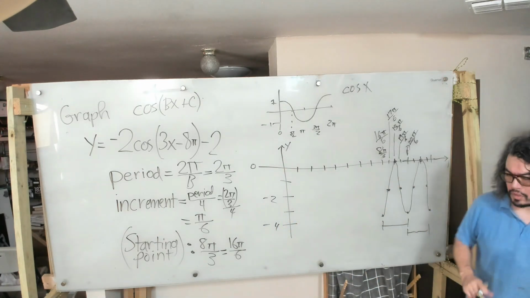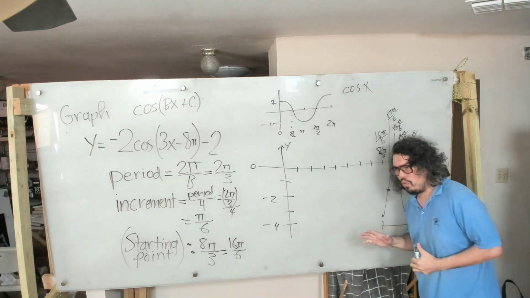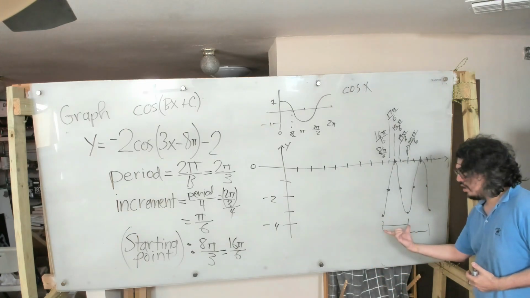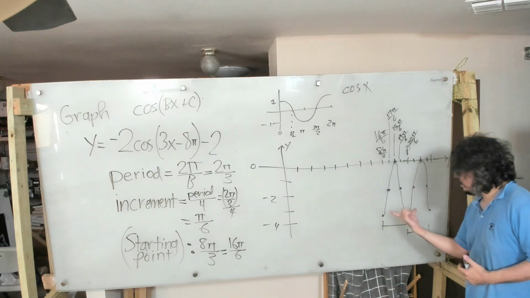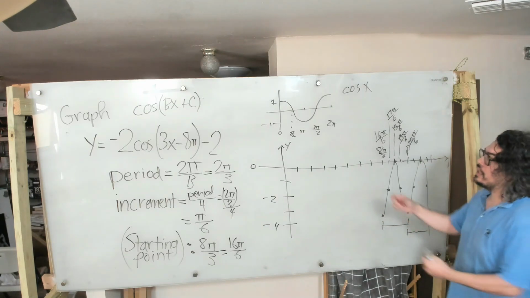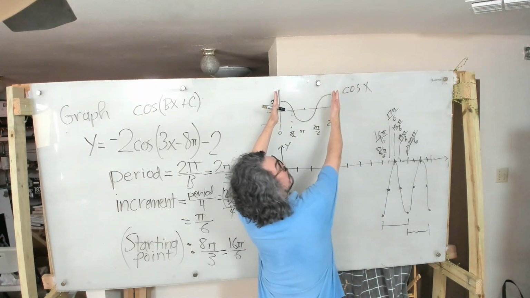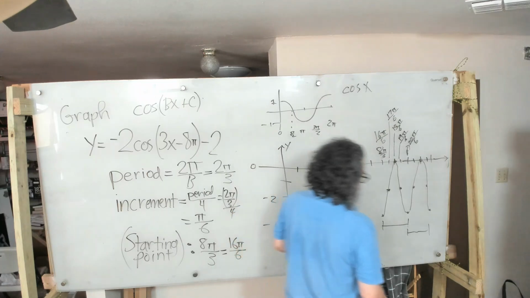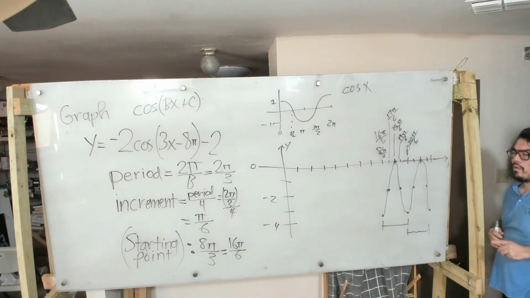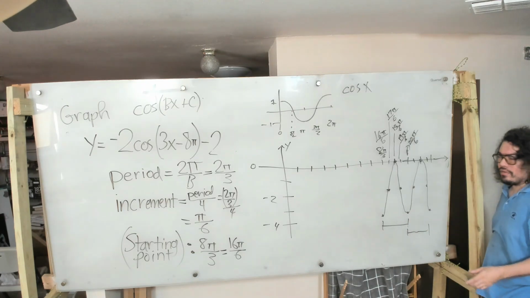Okay. Let me also make a different point here. In this example, I think you'll notice I indicated a period to be indicated by this distance because this is the repeating part, just as this distance is the repeating part of the parent function, right? The 2 pi is the period of the cosine, right? I do want to make a brief aside that's not important for this problem, but I want to remind you that in general, the period is any part of the graph that repeats.